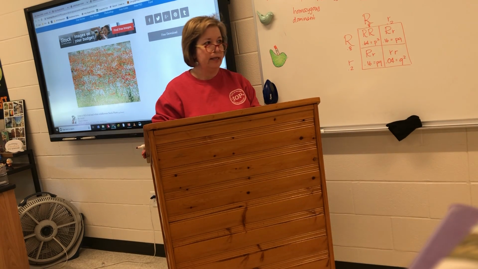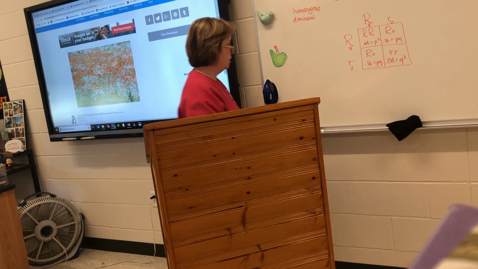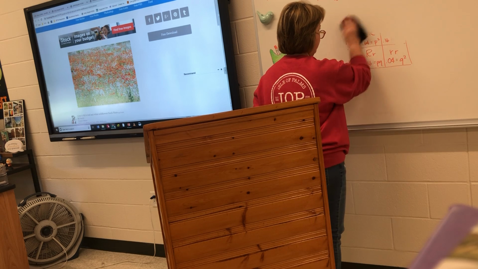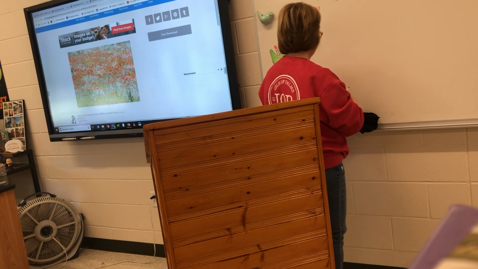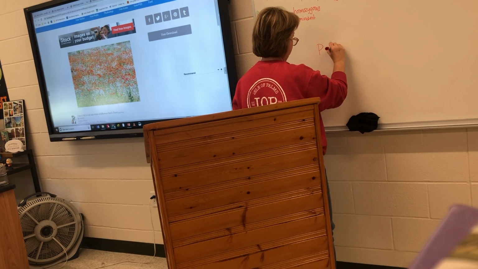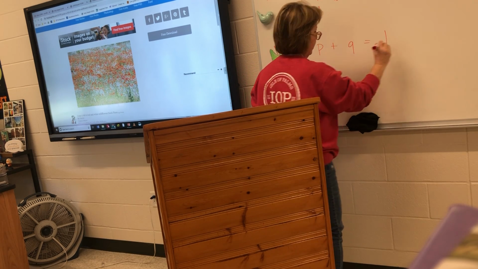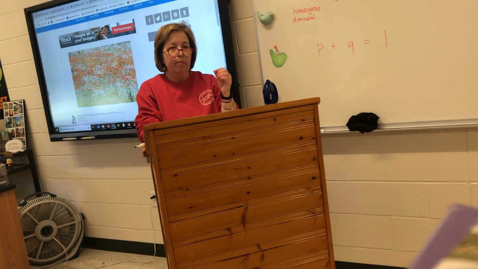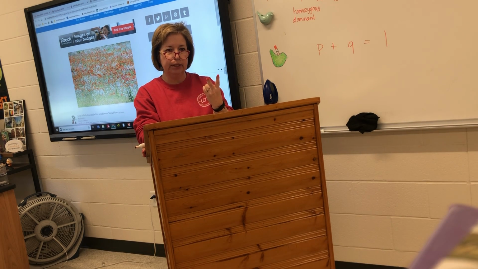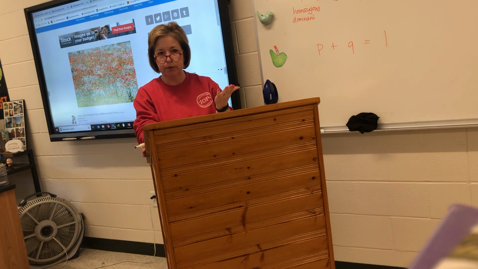All right, the second equation, much easier, and we actually worked with it a minute ago before you even realized that you knew it. And that equation tells us that the combined allele frequencies of our two alleles has to equal 100%. In other words, it has to equal 1.